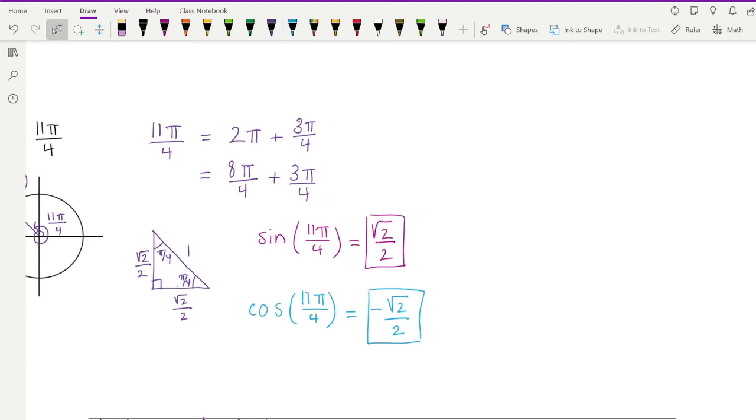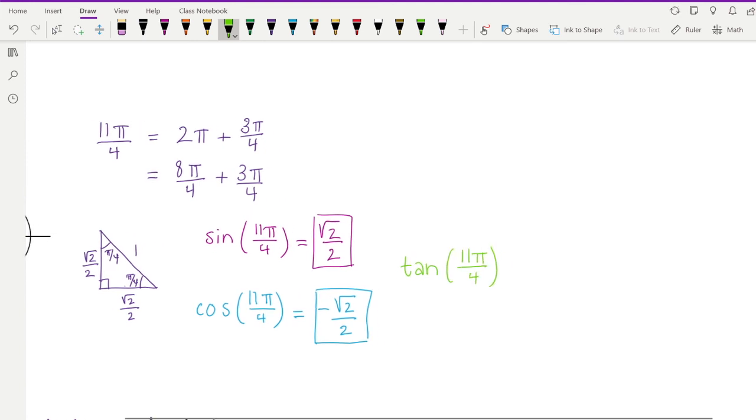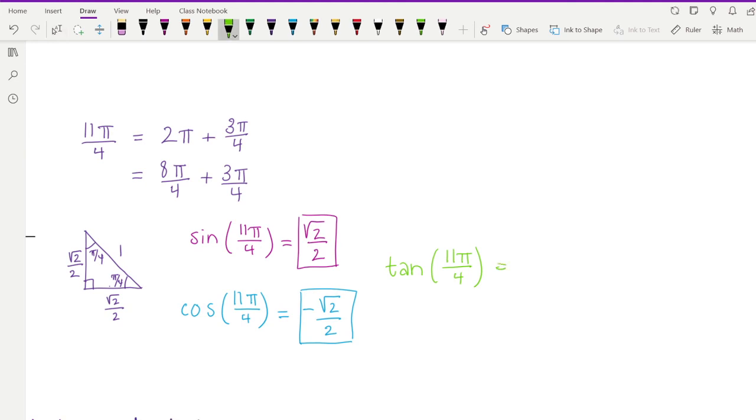And then I'll write tangent here because I think I might run out of space if I do it below. So tangent of 11 pi over 4, that just means we take sine divided by cosine, right? And so we're going to have square root of 2 over 2 divided by negative square root of 2 over 2.